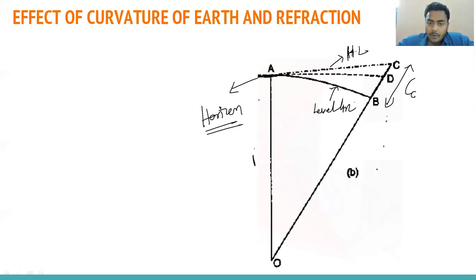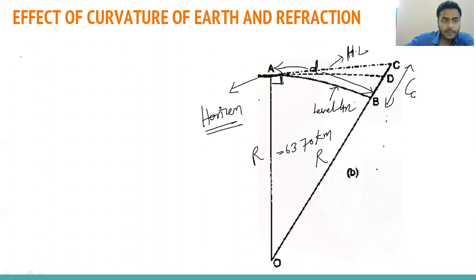Now OA, what is OA? That is the radius of Earth, which we generally write as 6370 kilometers. Are you getting the point? Now let's assume the distance between A and B is small d. The distance between A and D is small d. So from this geometry, this is the radius and this is the horizontal line, which is tangential, so this will be 90 degrees.